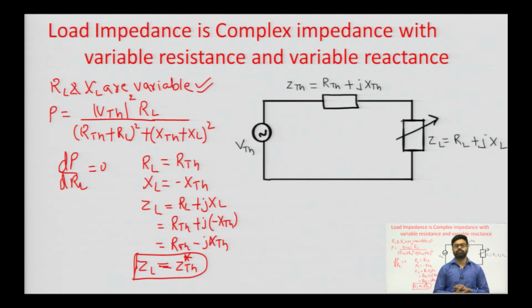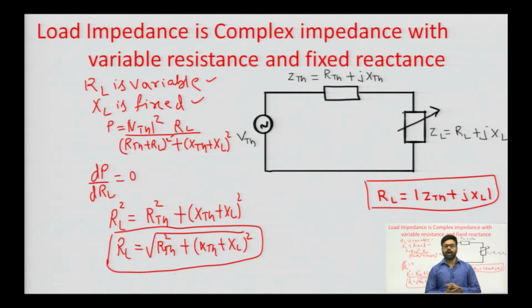Second case, in which both R L and X L are variable, Z L must be equal to Z T H conjugate. Third case is R L variable but X L fixed; in that case R L must be equal to the square root of R T H square plus the whole square of X T H plus X L, which is the magnitude of Z T H plus J X L.